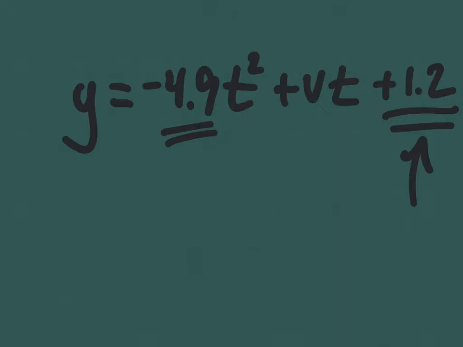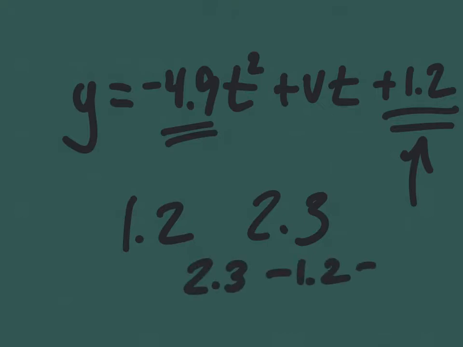So in the end though, let's say that you released at 1.2, it hits the ground at 2.3, then the ball was in the air for 1.1 seconds. See what I'm saying? If I'm actually showing this, I would write the 2.3 minus the 1.2 equals 1.1 seconds. And that's how I would show my work.